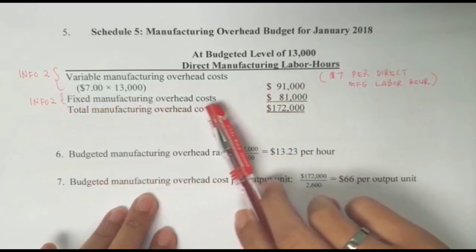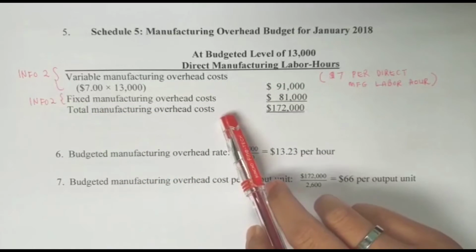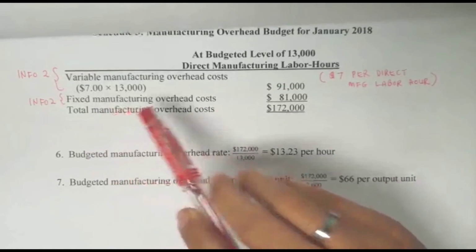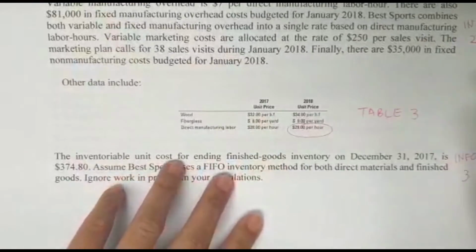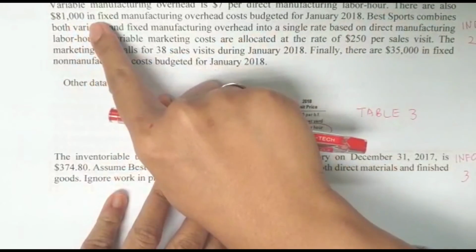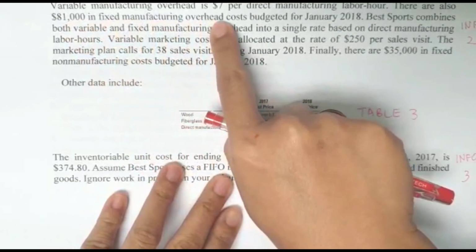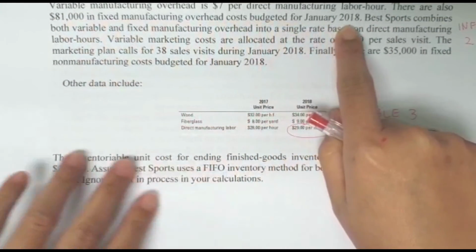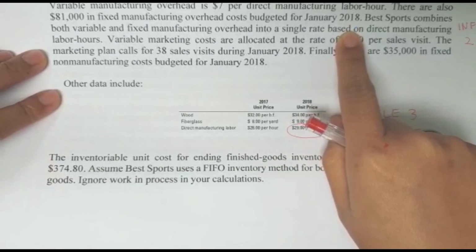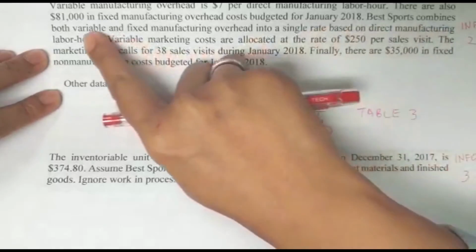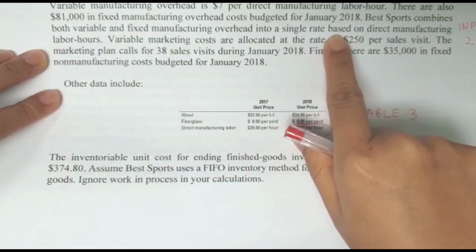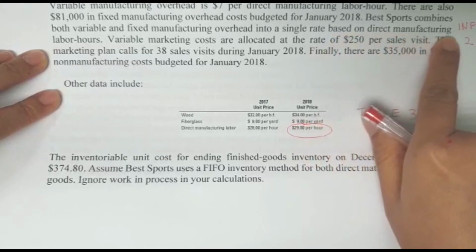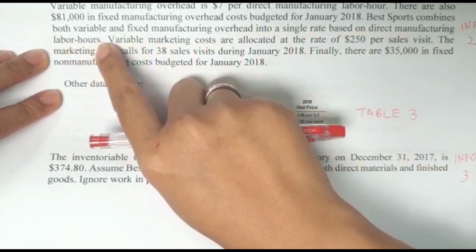And the fixed manufacturing overhead cost, this information is also given in information 2. Now get back to information 2. There are also 81,000 in fixed manufacturing overhead costs budgeted for January 2018. All right, Baseport combines both variable and fixed manufacturing overhead into a single rate based on direct manufacturing labor hours.